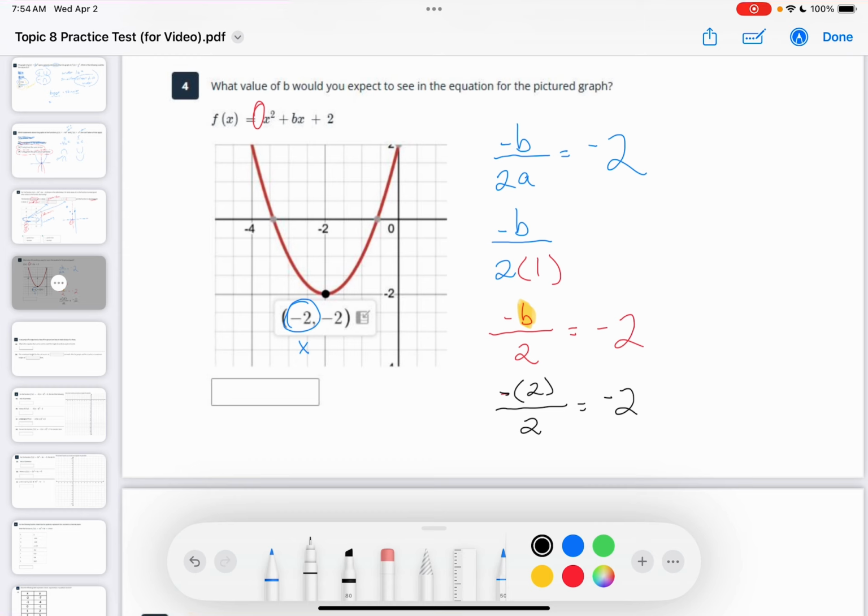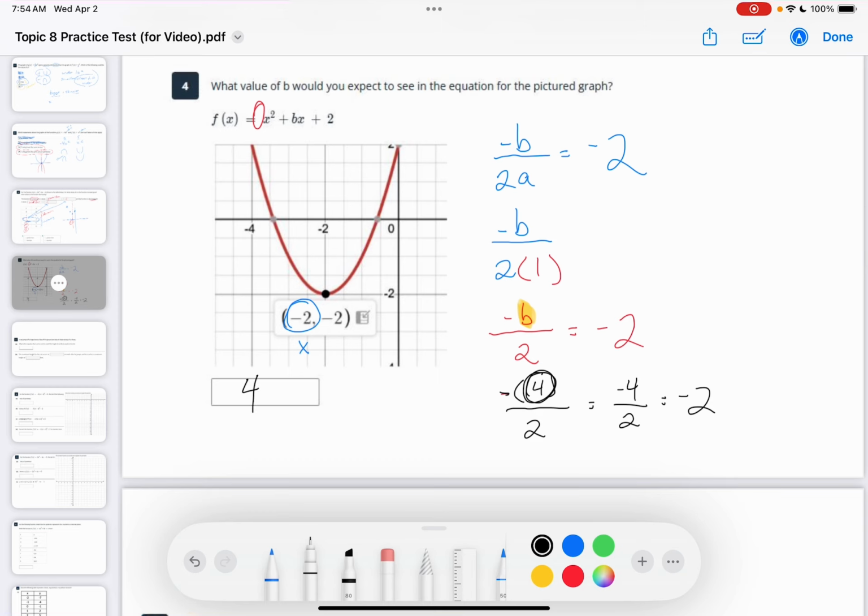Sorry, wrong number. We know that this is 4, and we take -4 over 2, we would get -2, and that's what we want. So my b value needs to be 4.